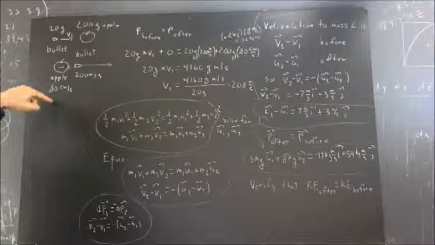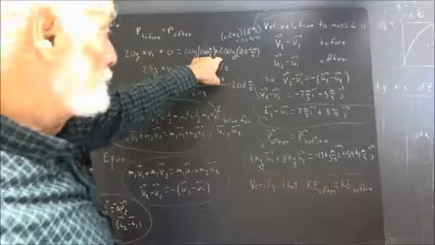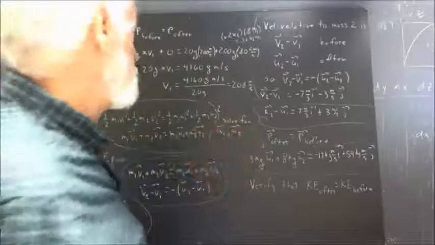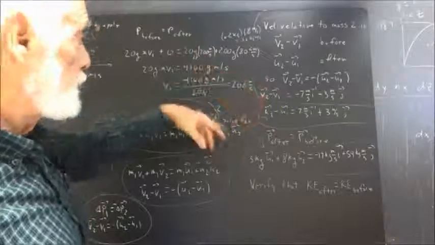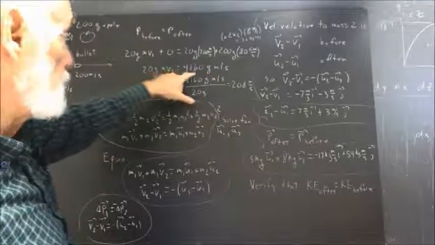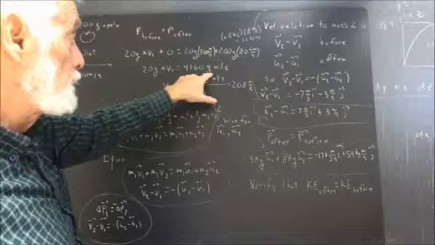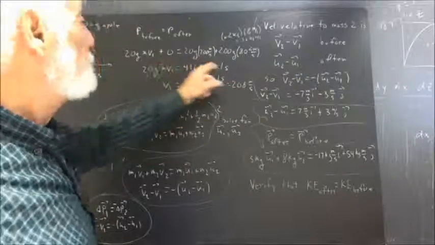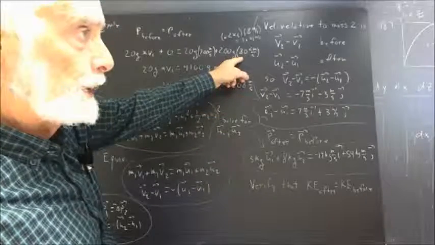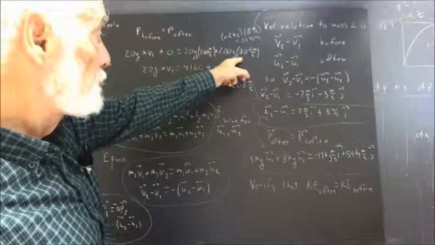A 200 gram apple at 80 centimeters per second has momentum 200 grams times 80 centimeters per second. Well, we add up all the numbers on the right hand side. You have to do the multiplication and add up the numbers. We get 4,160 gram meters per second. Now, I want meters per second. The 80 centimeters per second is 0.8 meters per second.